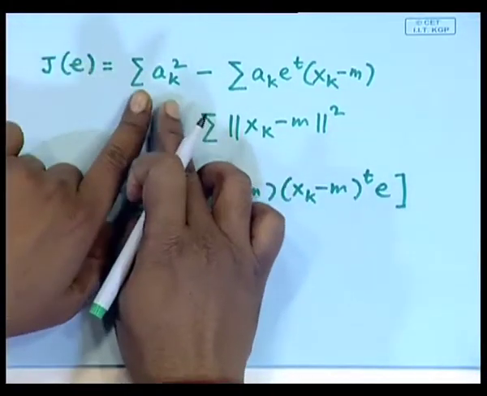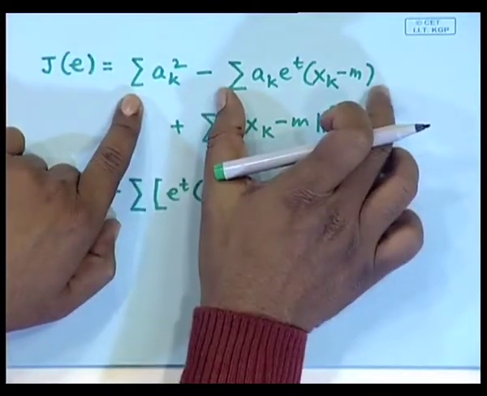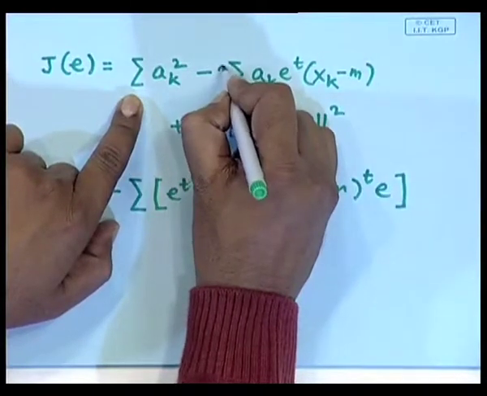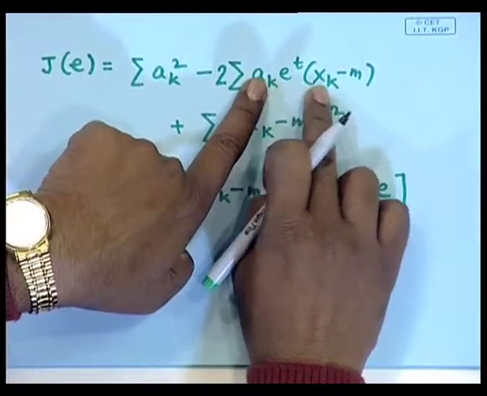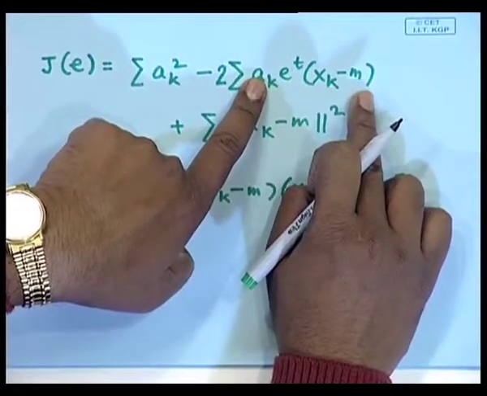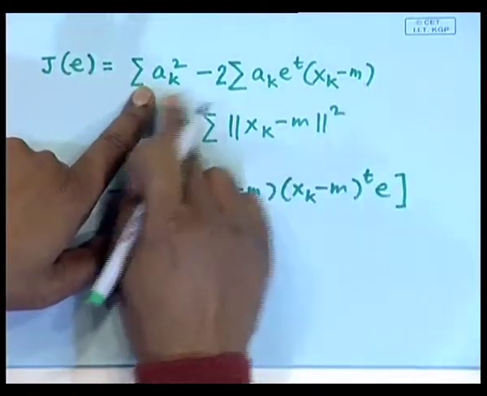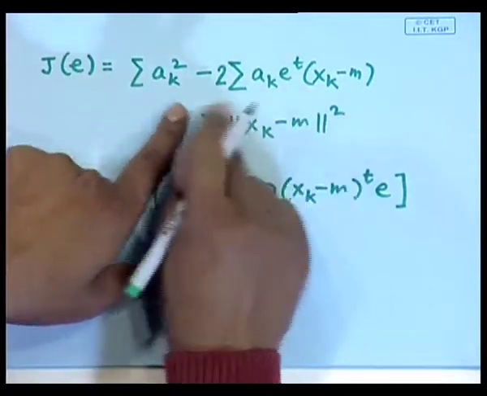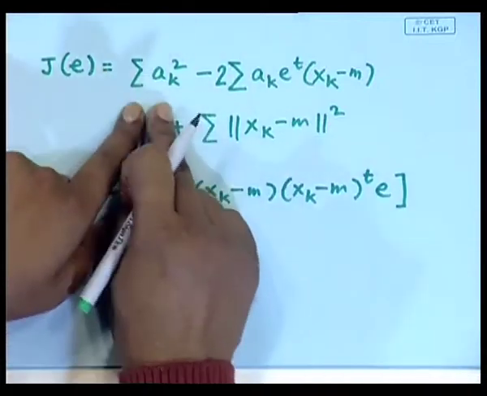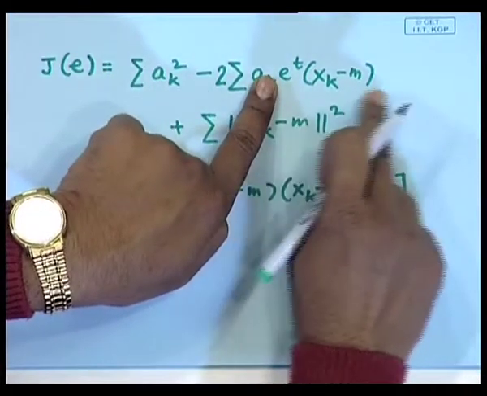See, here what I have is, this is A k square, this is minus, there should be a 2 over here, yeah, minus 2 A k square, because E transpose x k minus m is nothing but A k. Okay. So, effectively I have minus A k square plus A k square minus 2 A k square. So, I have minus A k square, and A k is nothing but E transpose x k minus m.